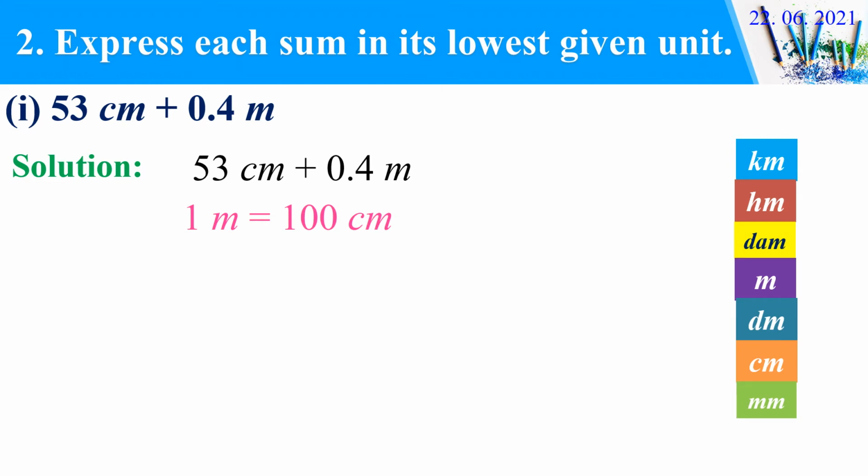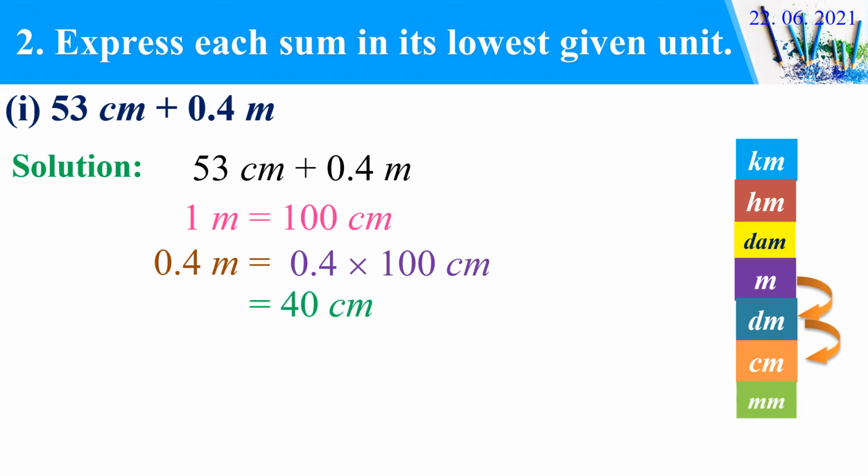So let us convert 0.4 meter to centimeter. We move 2 steps, from meter to decimeter one, from decimeter to centimeter another one. So we have to multiply with 100. 0.4 is multiplied with 100 to convert it into centimeter. On doing so, we get 40 centimeter.